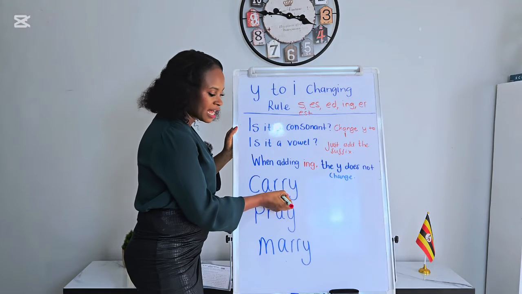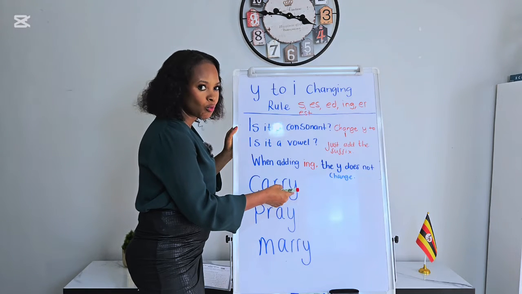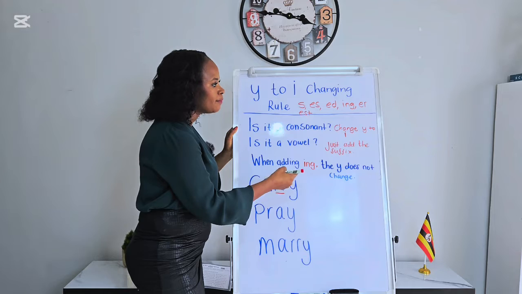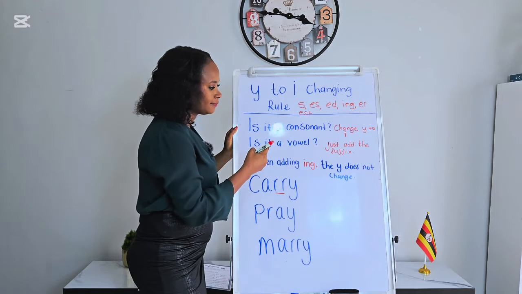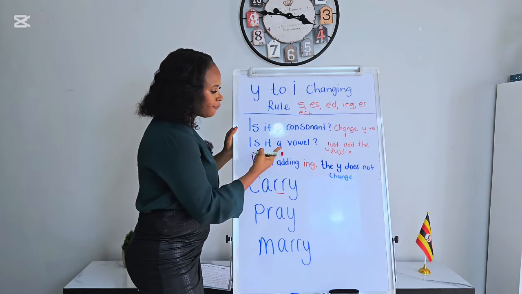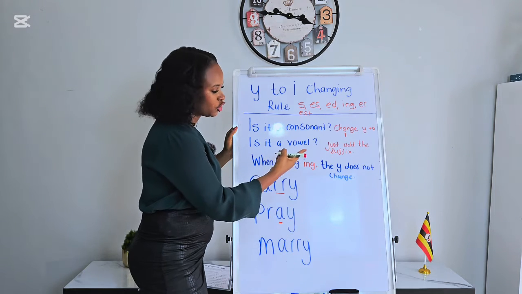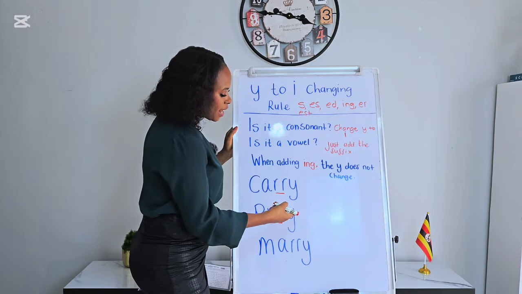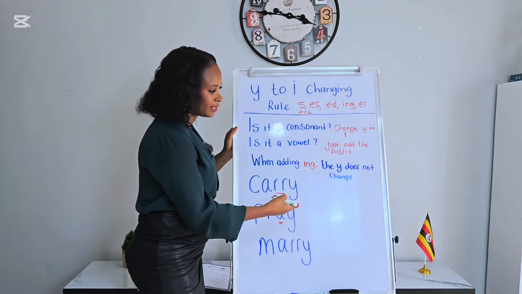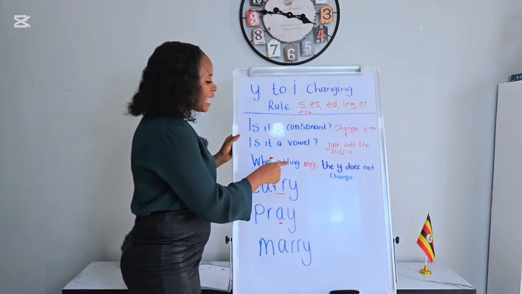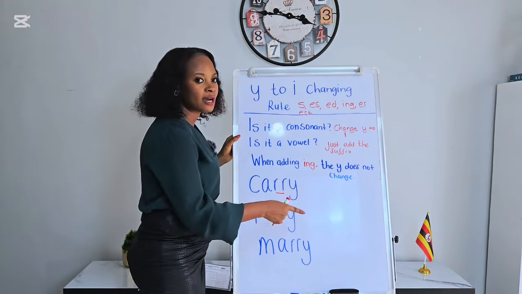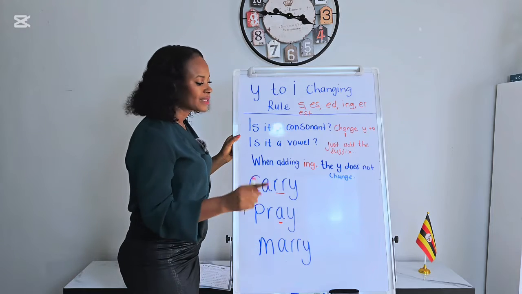If it's a consonant, you have to change that Y to I before you add a suffix. If it's a vowel, the letter before the Y, you don't have to change the Y, just add the suffix. And when we are adding suffix ING, the Y does not change.